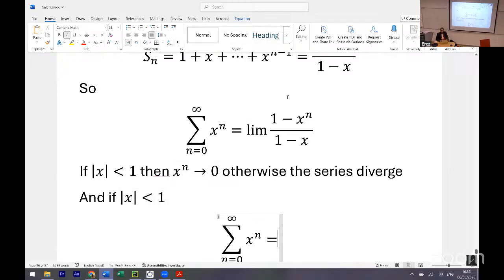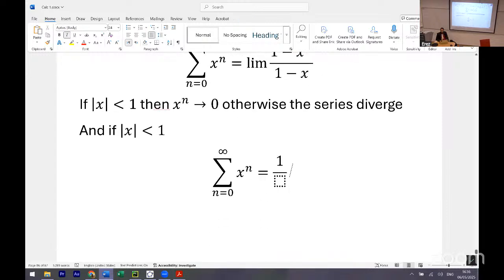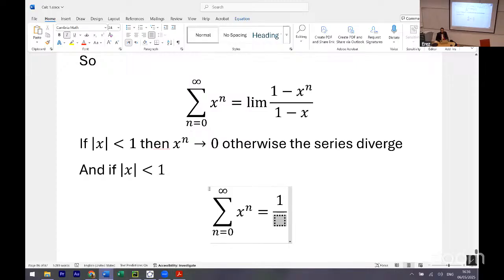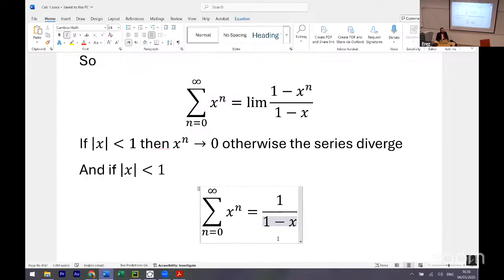But it's not 0. 0 is just this part. Yes, it's 1 over 1 minus x. X is the parameter, it doesn't change. And again, if I go back, this is exactly what is written here, except one thing.